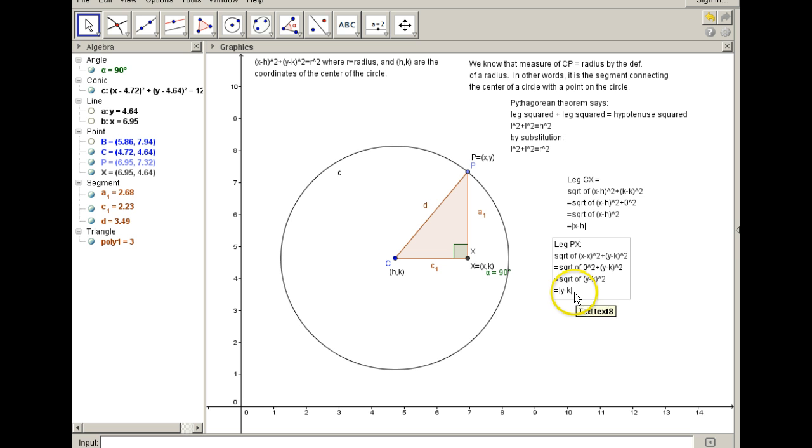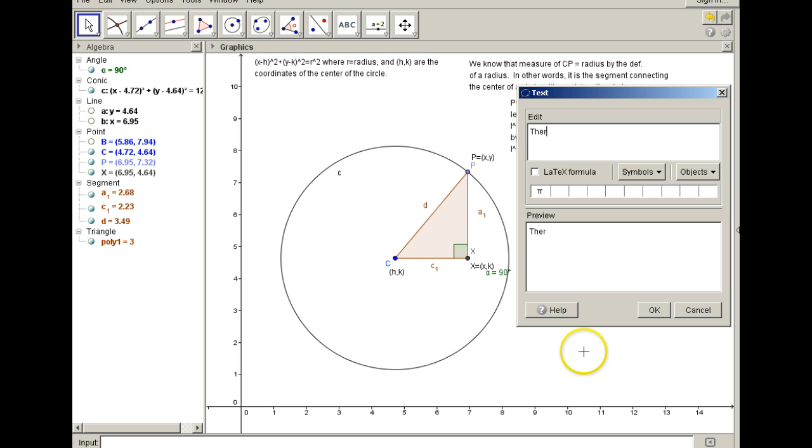But now by substitution, we're going to put this in for one of the legs and this in for the other leg. And once we square it, because we're going to square these legs, guess what? Because we're going to square it, it's going to make it positive, so we don't have to use the absolute value anymore. So we're just about done here.